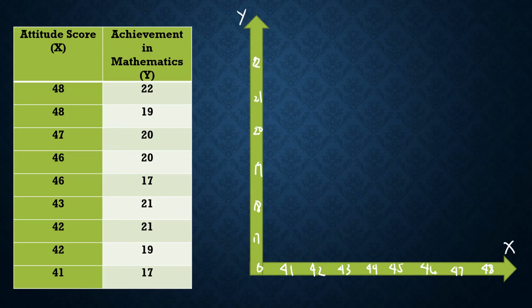Let us now plot the points so that we can create a scatter plot. Let's start with the upper one, 48, 22. Next is 48, 19. Then 47, 20. Next is 46, 20. Next is 46, 17.